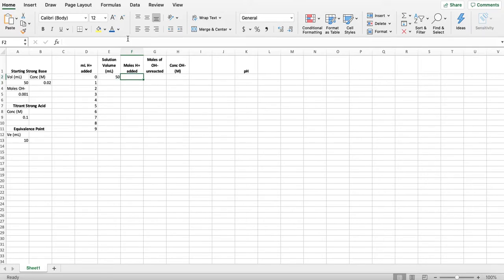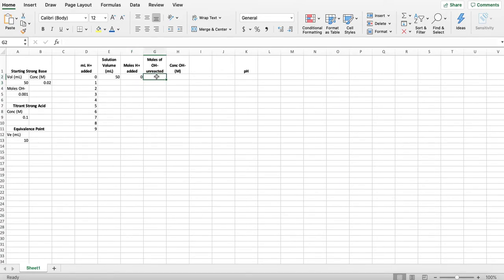Now moles added is going to equal volume added times the concentration divided by 1,000, because we have volume in milliliters, and should be 0. Yep.